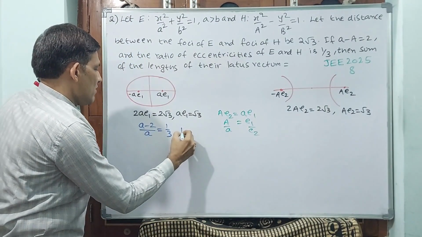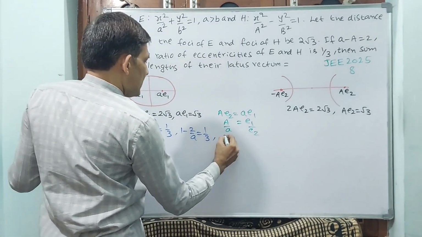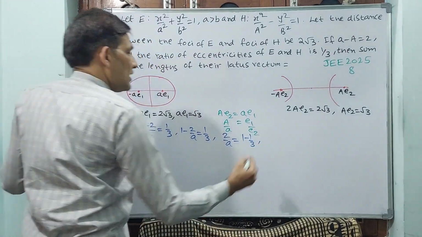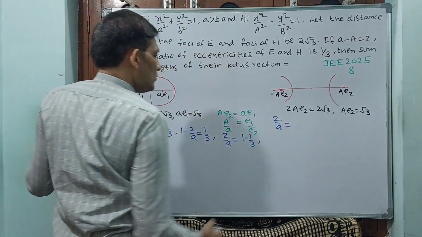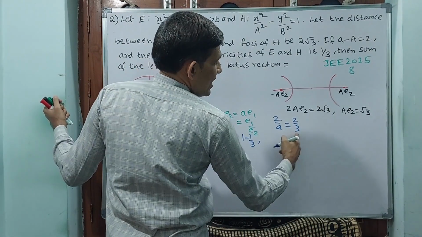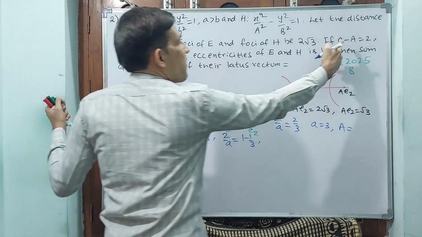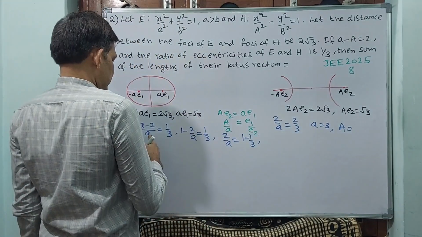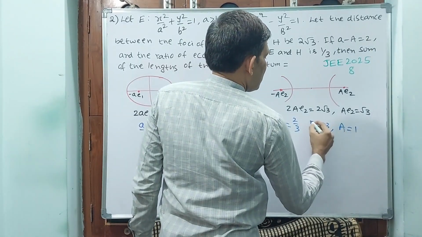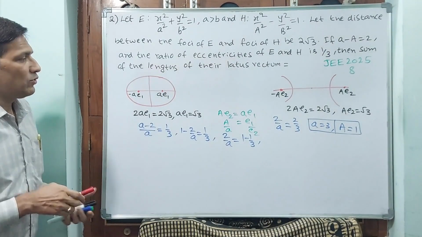That means 1 minus 2 by a is equal to 1 by 3, or else 2 by a is equal to 1 minus 1 by 3, or else 2 by a is equal to 2 by 3. So a is equal to 3. Then capital A is equal to a minus 2, that means 1. Small a and capital A both you have got.